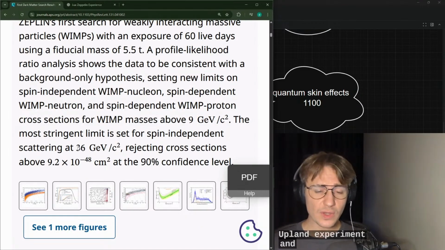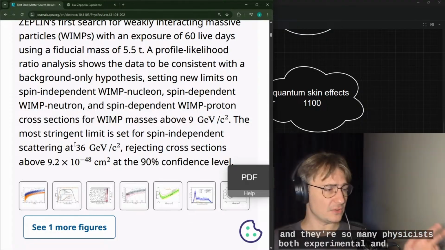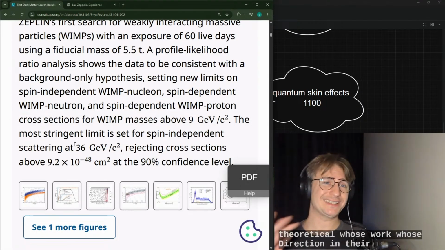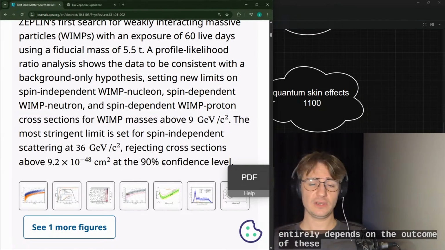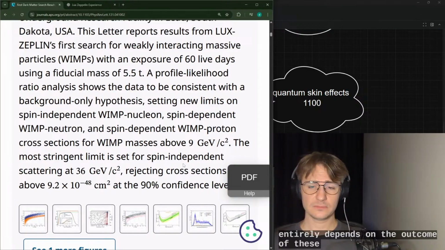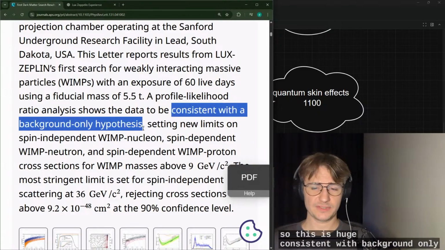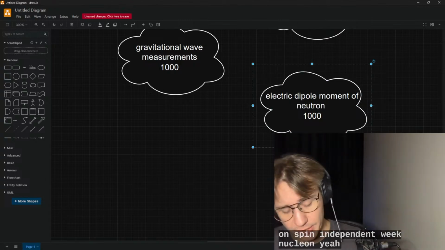There are so many physicists, both experimental and theoretical, whose direction in their research entirely depends on the outcome of these experiments. So this is huge. Consistent with the background-only hypothesis, setting new limits on spin-independent WIMP-nucleon interactions. I mean, we're calling it what it is.